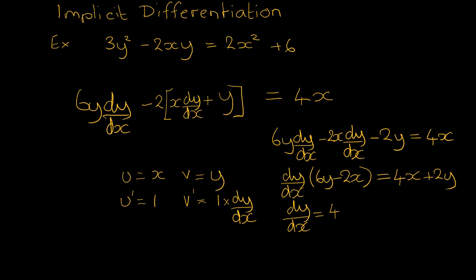So that's going to be (4x plus 2y) all over (6y minus 2x), and since they all divide by 2, let's simplify that to (2x plus y) over (3y minus x).